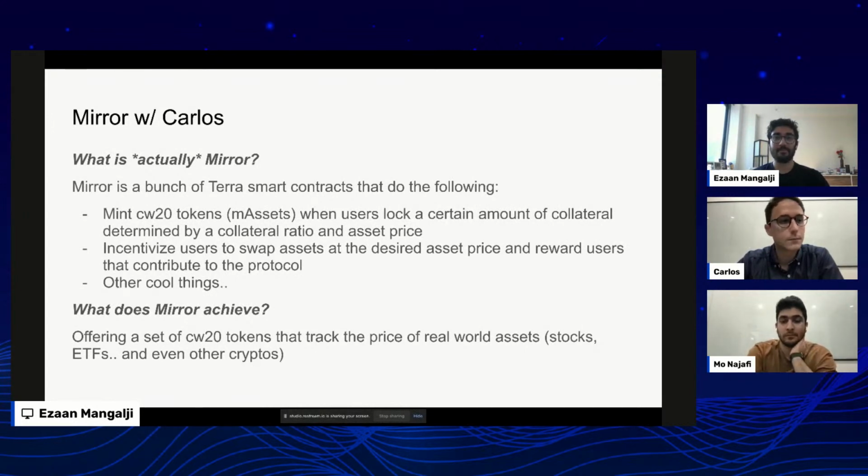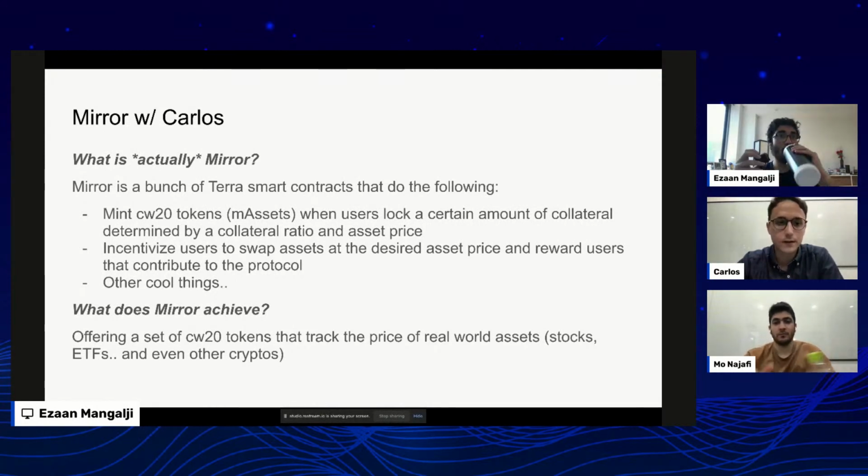These collaterals can be UST, Luna, ANC, or AUST, and MIR, and also other M assets. And other than that, the protocol tries to incentivize users to keep those M assets at a desired price, which is the price from the real world. And yeah, those are the two main things.